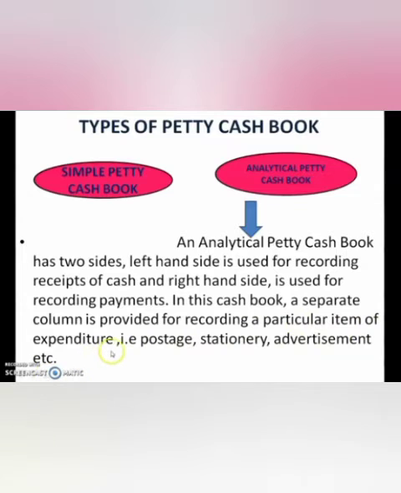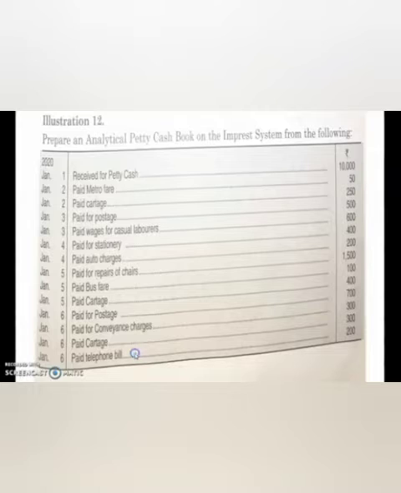So children, analytical petty cash book is a cash book in which we record all the expenses, or we can say those expenses with a small amount are recorded in the analytical cash book. Let us see the analytical petty cash book with the help of a problem.